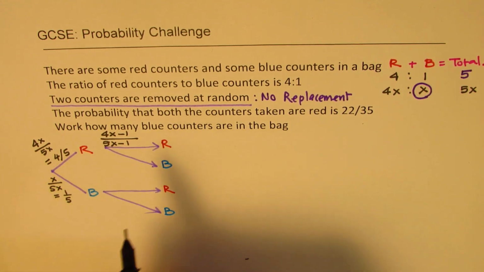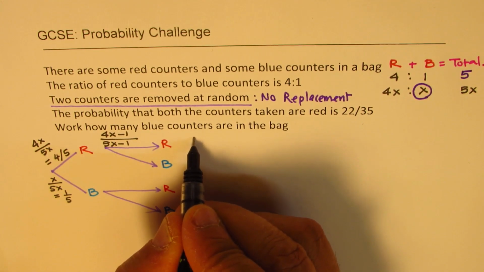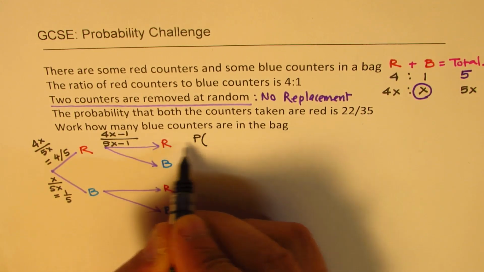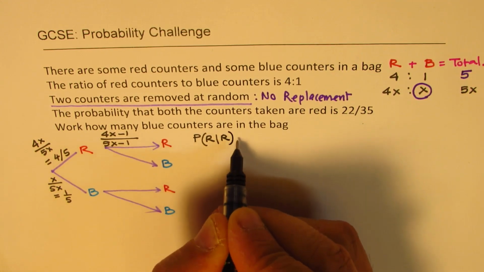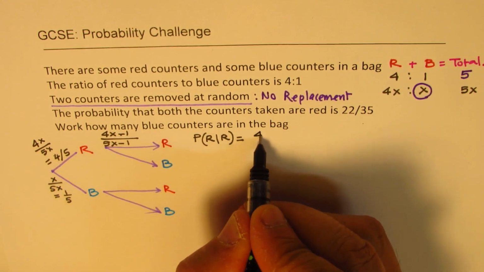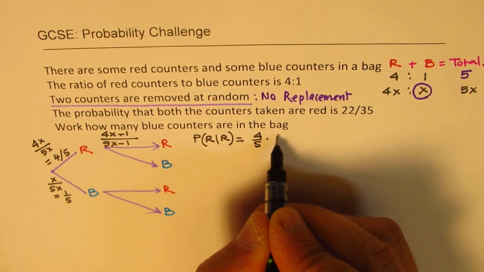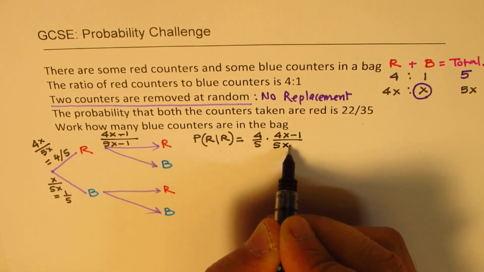In this case, we'll write this in another way, which is the probability for R to happen, if already R has happened, do you see that? Is equal to the product of these 2, which is 4 over 5 times 4x minus 1 over 5x minus 1.